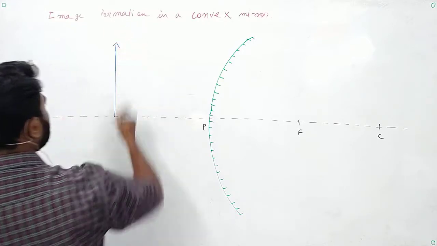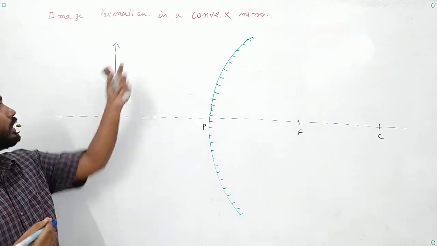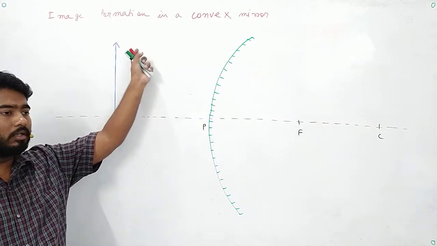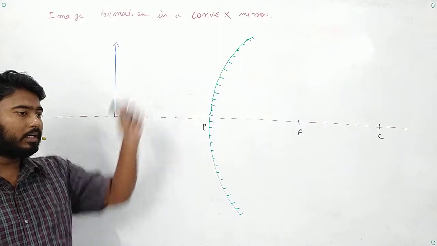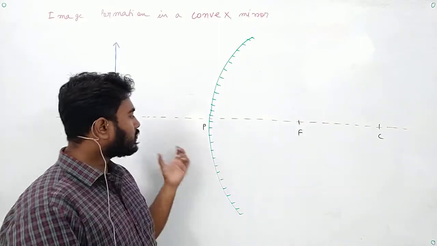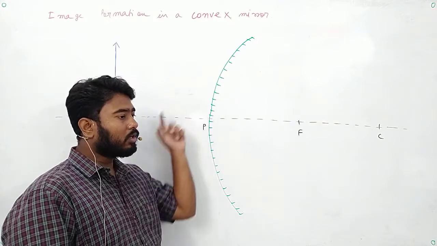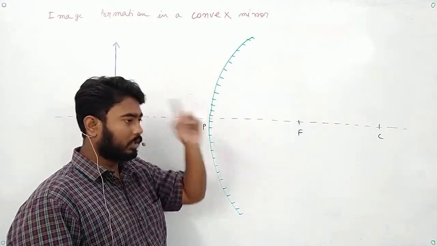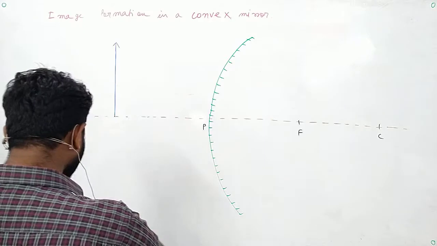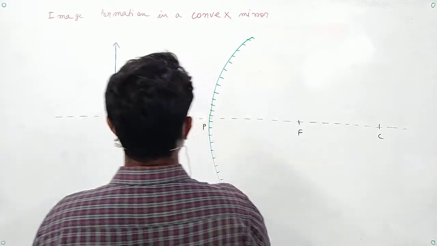Suppose this one is my object. See, I have taken the object pretty big. The objects that I have taken in concave mirror are small. In convex mirror, I have taken the object big, because if you take a big object, it will be easier for you to understand. Okay.